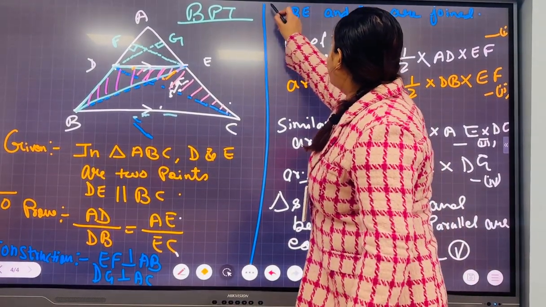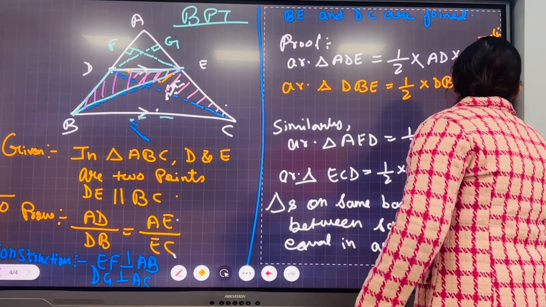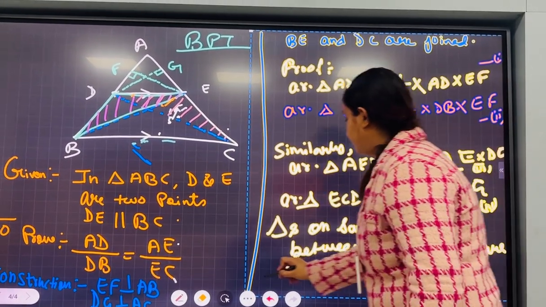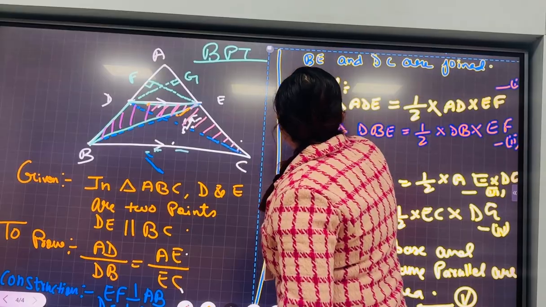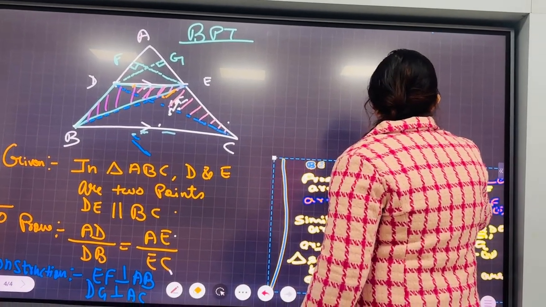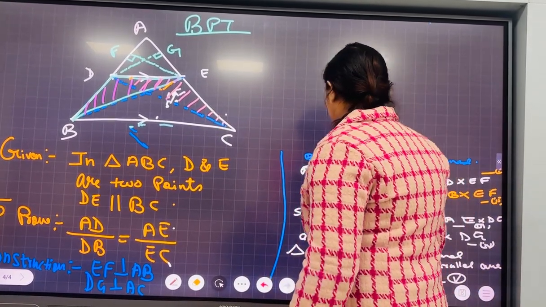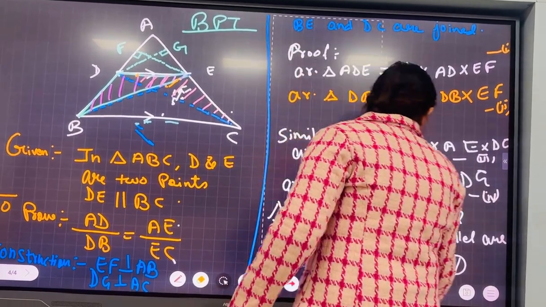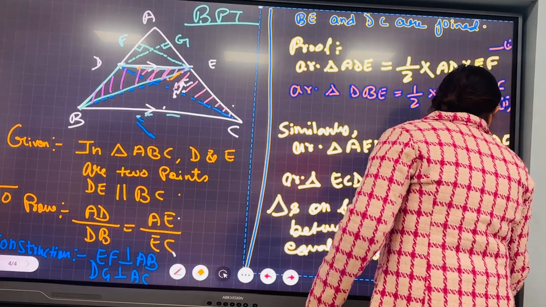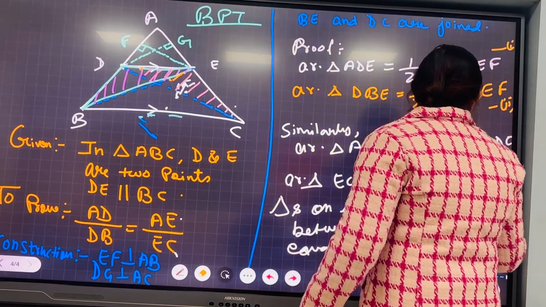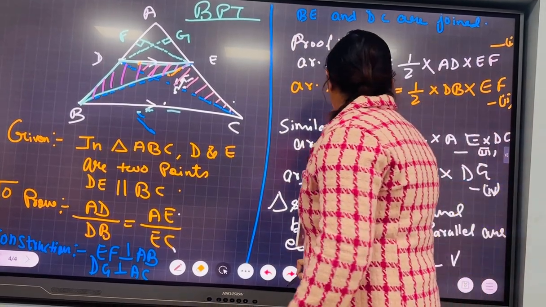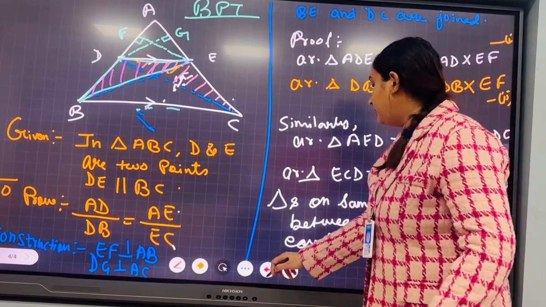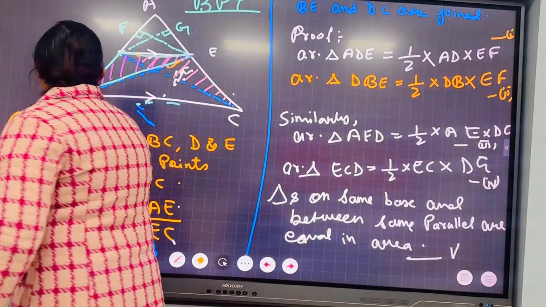Now, when you solve this, I'll just switch to the next page.